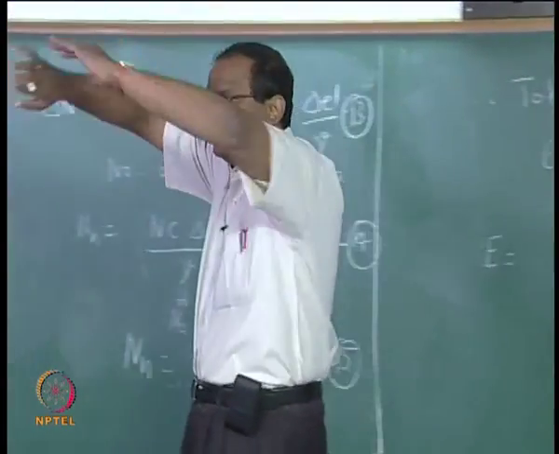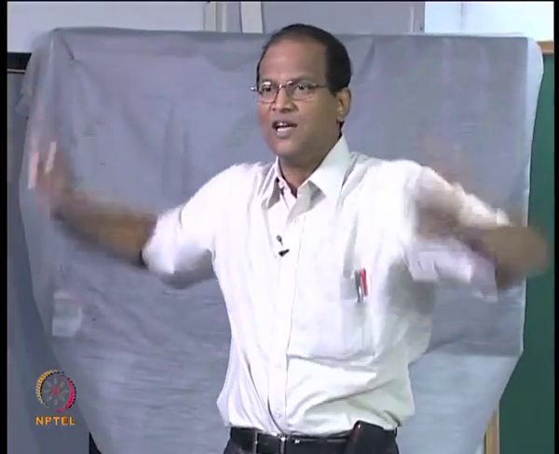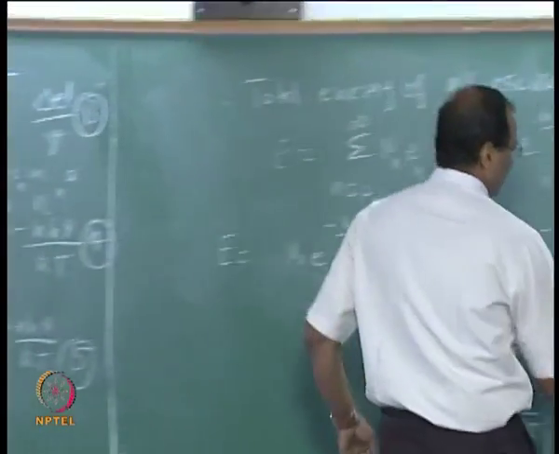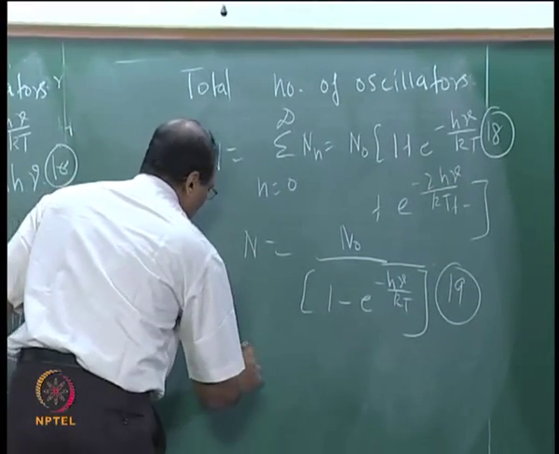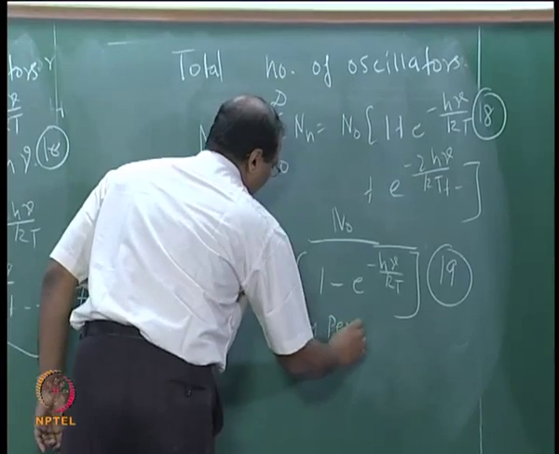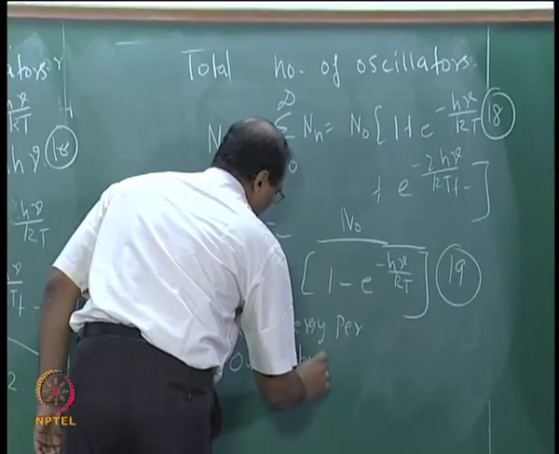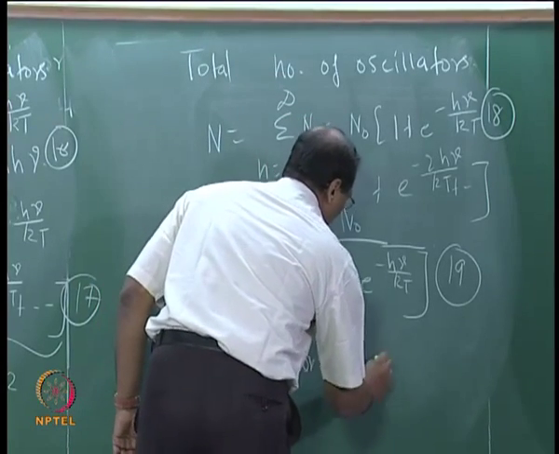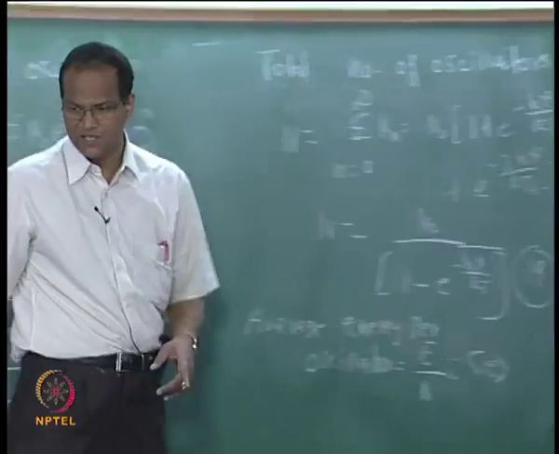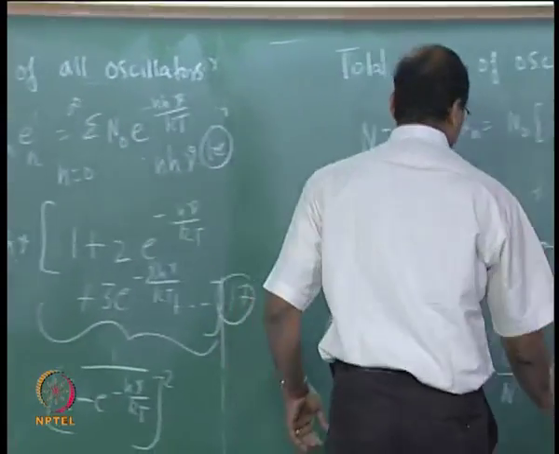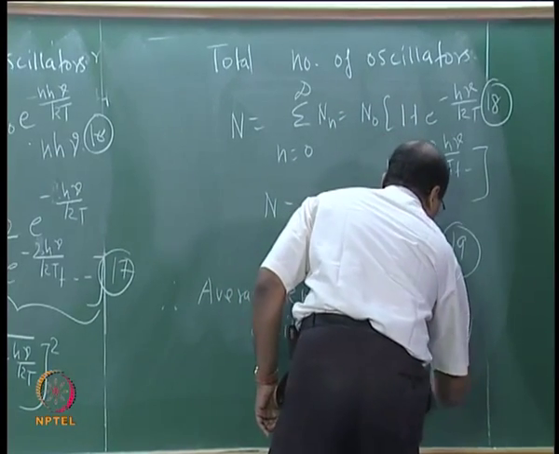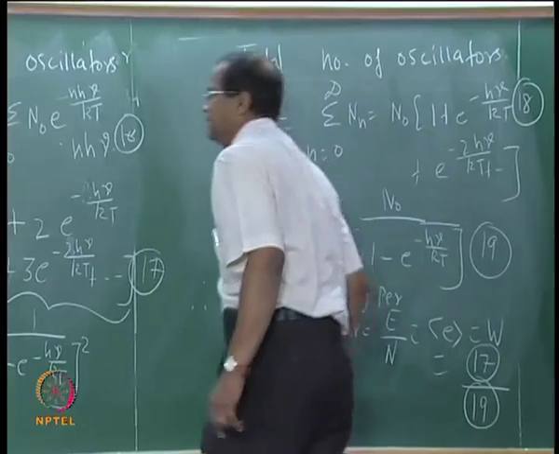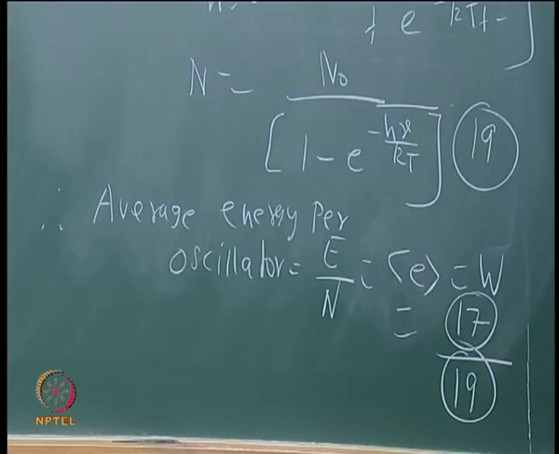So we got the total energy of all the oscillators, we got the total number of oscillators. So the average energy per oscillator is basically 17 divided by 19. Therefore, I do not know what symbol Planck used, W, huh? That is 17 by 19. Yeah, tell me what is it?